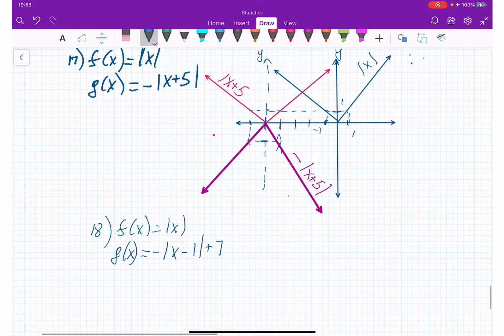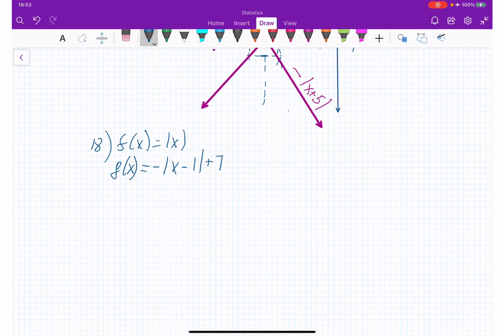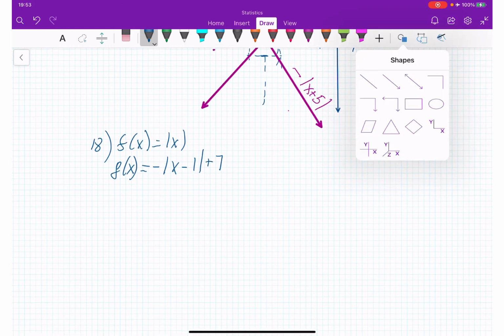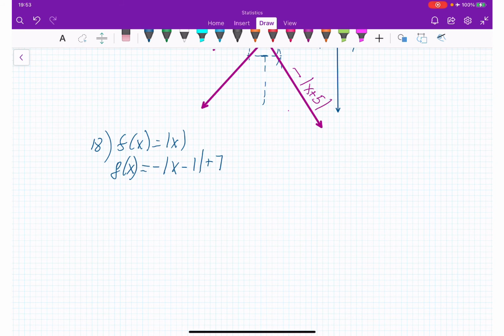Okay, let's build it. One, two. So let's see if we can jump here.